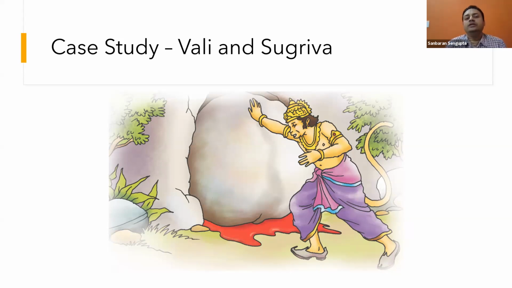But Sugriva started ruling the kingdom, and he had his family, his wife Tara, everybody, and it continued for a while. Now, suddenly, what happened? One day, Vali returned. To everybody's surprise, Vali came back. And Sugriva's reaction was amazing.